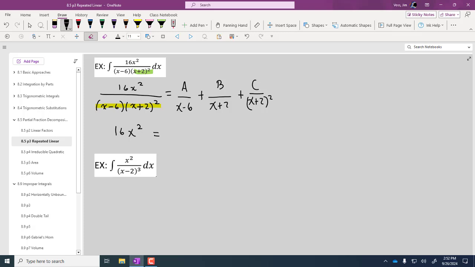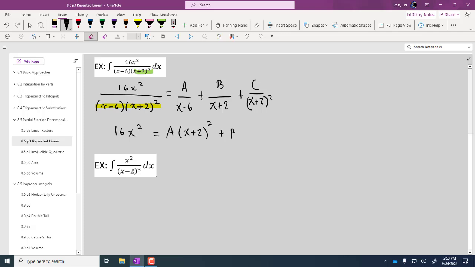When we multiply it to the first fraction, the x minus 6's cancel. So that's going to be a multiplied by x plus 2 quantity squared. When it multiplies to the second fraction, one of the x plus 2's cancels.